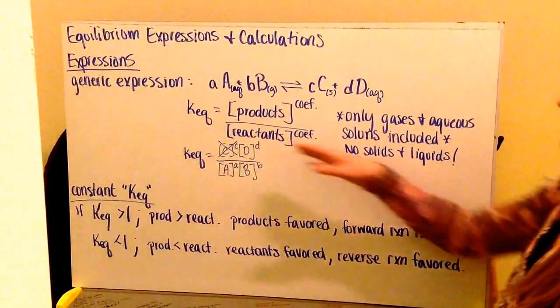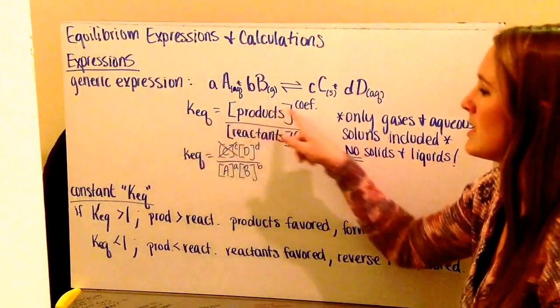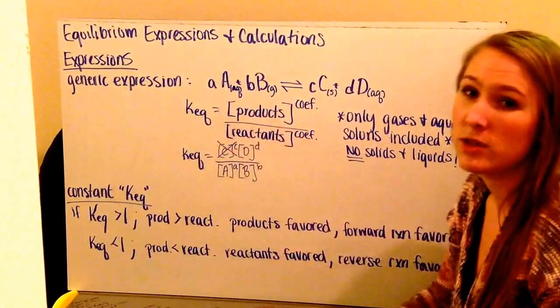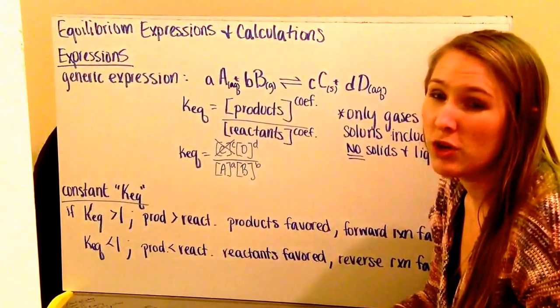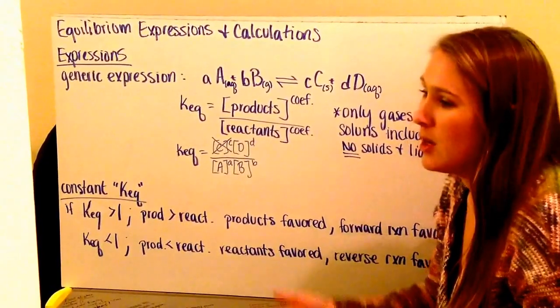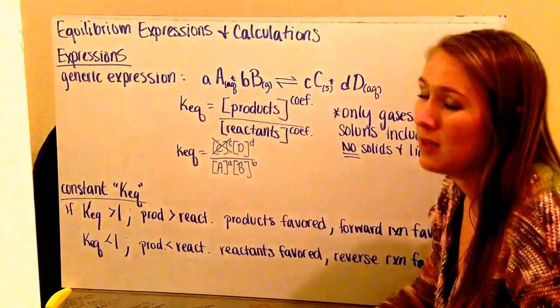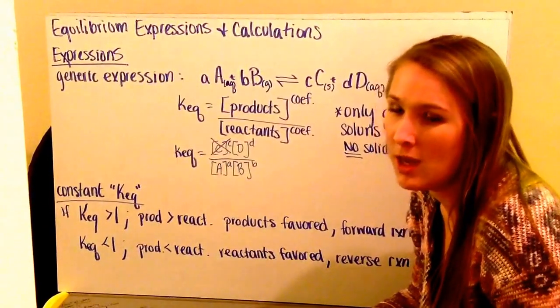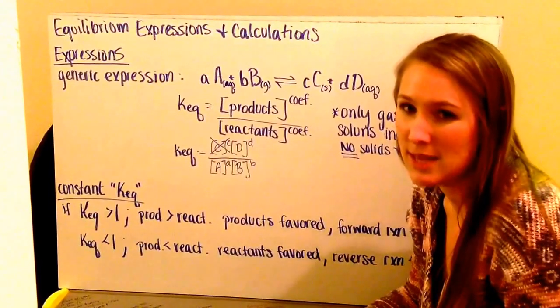Now when I write my equilibrium expression, I'm looking at concentration, signified by the brackets here, which is moles per liter. A pure liquid and a pure solid, you cannot change the concentration of. If I have mercury, which is a liquid at room temperature, I cannot increase my concentration of mercury. It's pure.